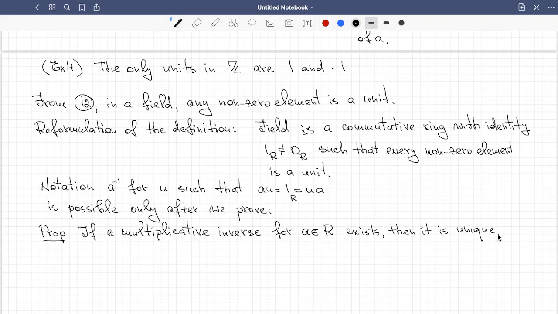Then we can call it A inverse as soon as we prove the uniqueness. Otherwise, if it is not unique, the notation A inverse becomes misleading. But in this case, we can easily prove the uniqueness and justify in this way the notation A inverse for the inverse of a unit.